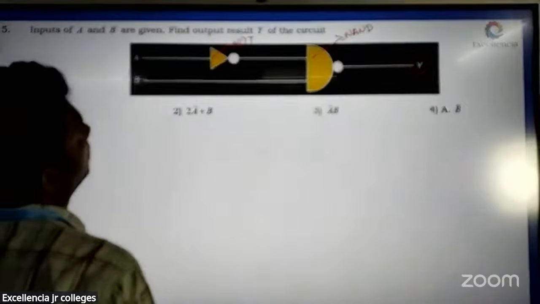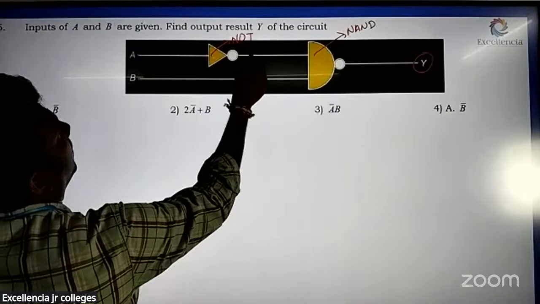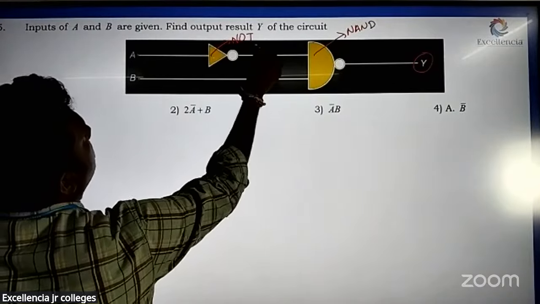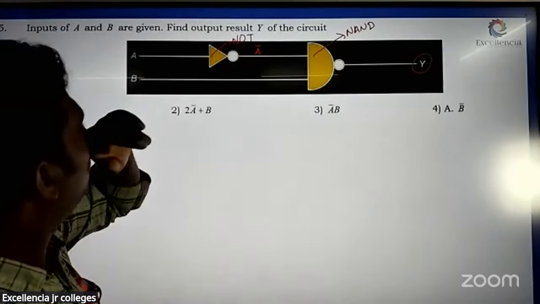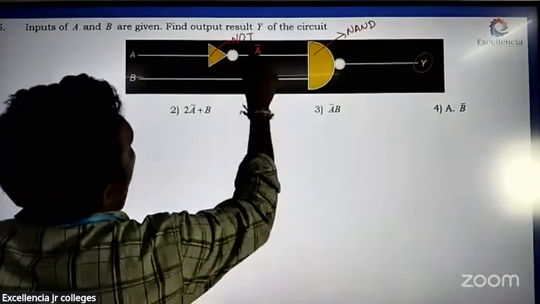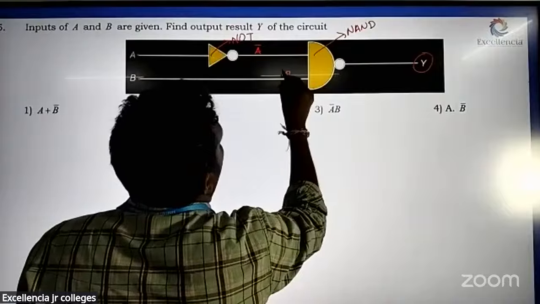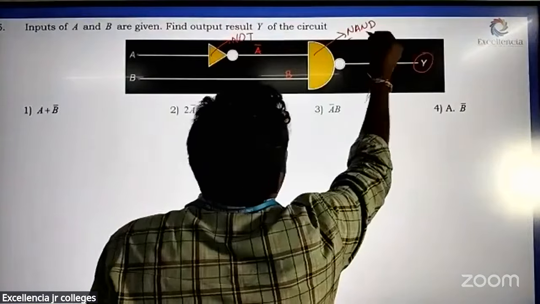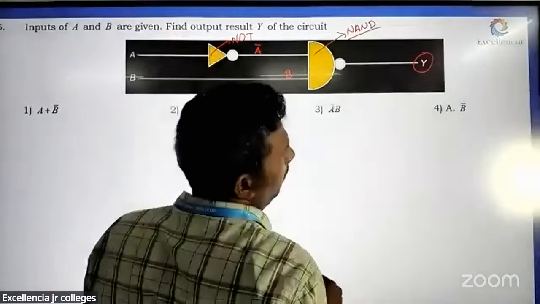If you go for De Morgan's law, first of all the output of the NOT gate will be A bar, because whatever input we give to the NOT gate, it will be complemented. Now this A bar and B go to the NAND gate, which is AND plus NOT.